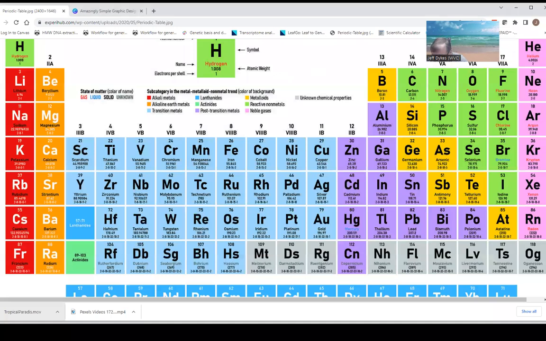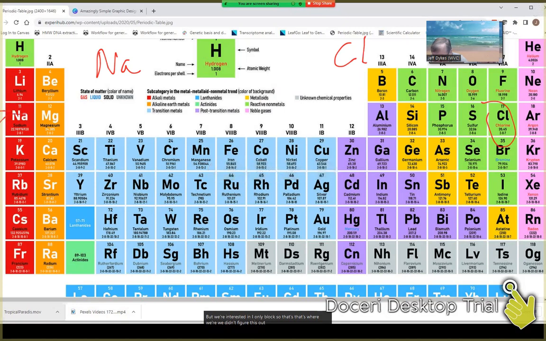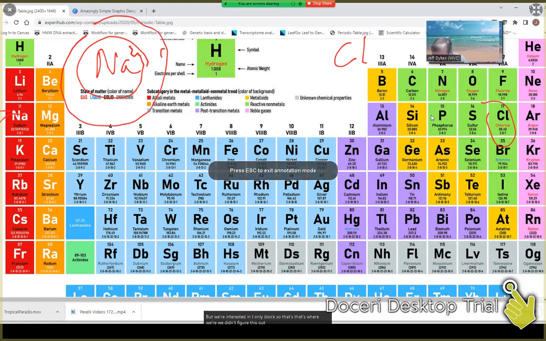And so, for example, if I have sodium and I have chlorine over here. Sodium has 11 electrons. 2 of them are in this first energy level. It's not the valence shell. And then 8 of them are in the next one.